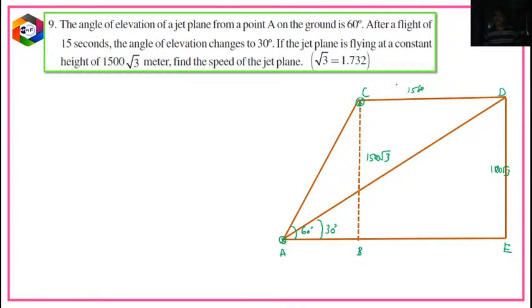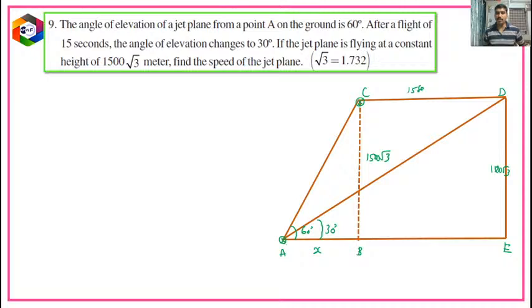During this 15 seconds, if we can find how much distance it has traveled, that is the distance BE, then speed will be equal to distance by time. Distance is equal to speed into time, so speed is equal to distance by time. So we have to calculate BE. First of all, let us assume that AB is equal to X.